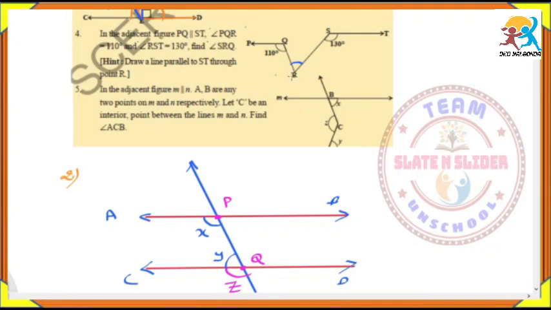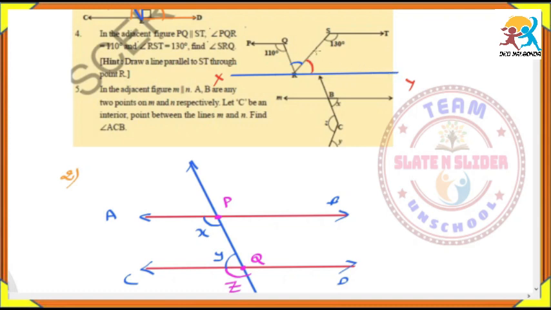So we have to draw a line parallel to PQ and ST through R. I will draw the line like this. This is the line which is parallel to both the lines. Now we can observe that ST is parallel to this new line, XY.